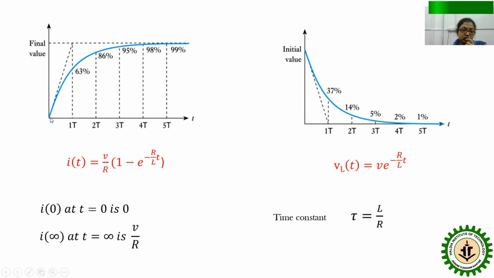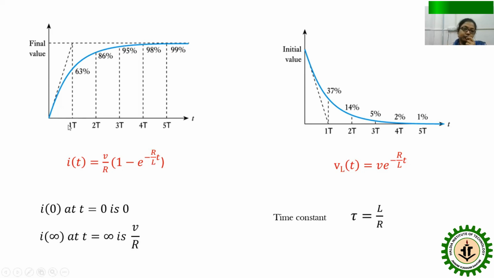So initially current is 0. After that, as there is an e to the power term, it will follow an exponential graph and then reach its maximum current, V by R, where V is a constant voltage. So this curve can increase up to V by R, not more than that.